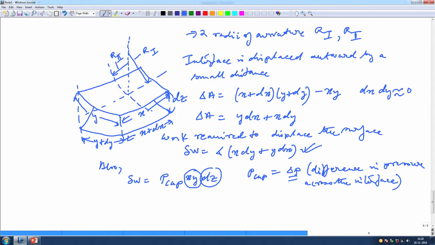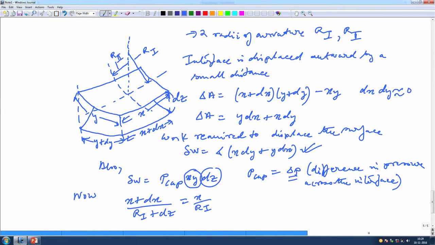Now, so these are basically the two expressions. Okay. Now, from similar triangles, we can say x plus dx divided by R1 plus dz must be equal to x by R1.